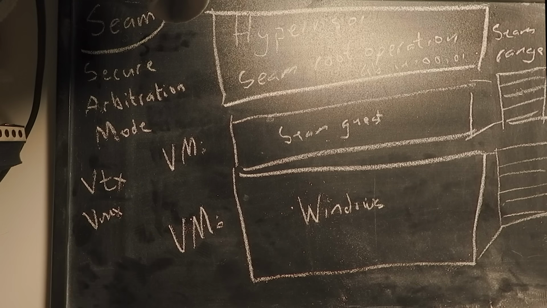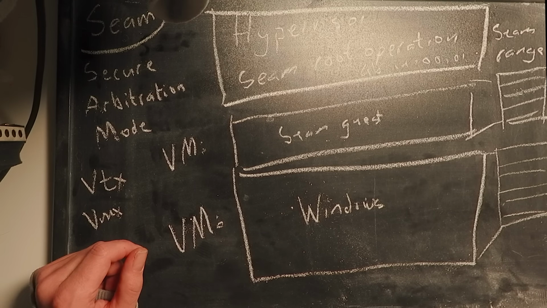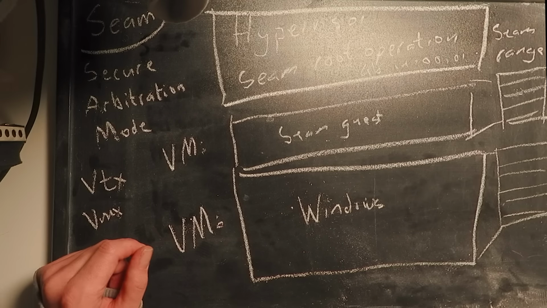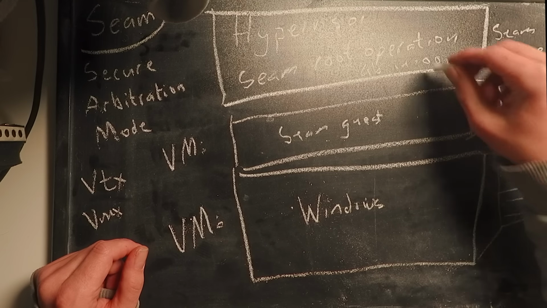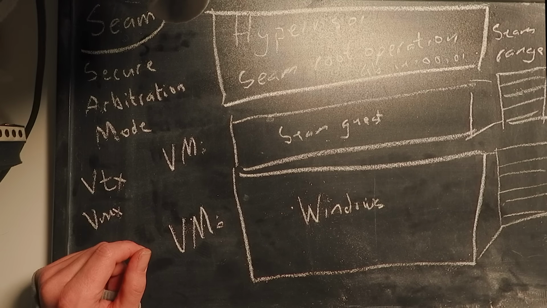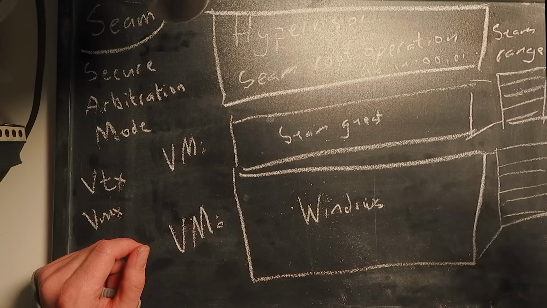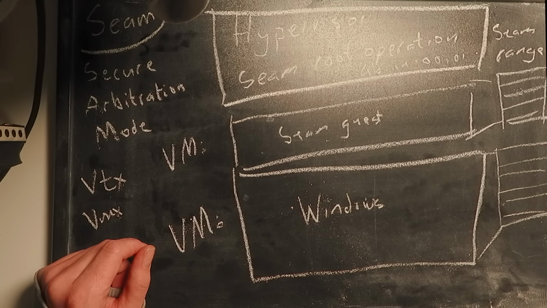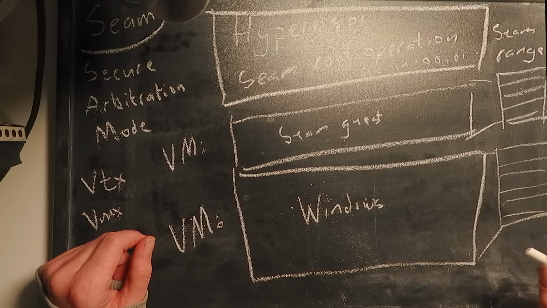And the encryption key is stored inside of the SEAM hypervisor, the SEAM root operation. And you cannot read this memory address. If you try to access this, it will cause a general protection exception inside of the CPU.